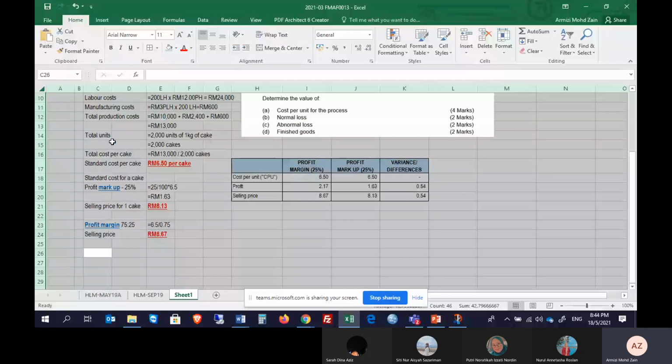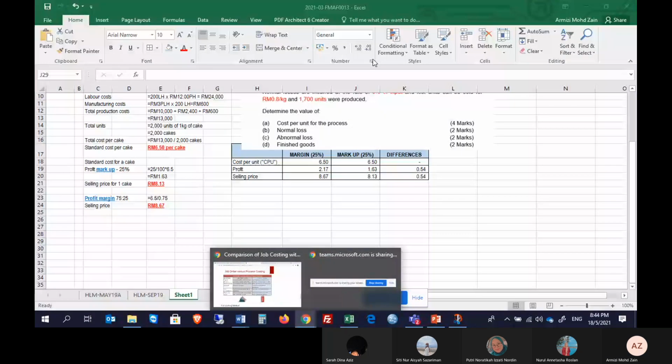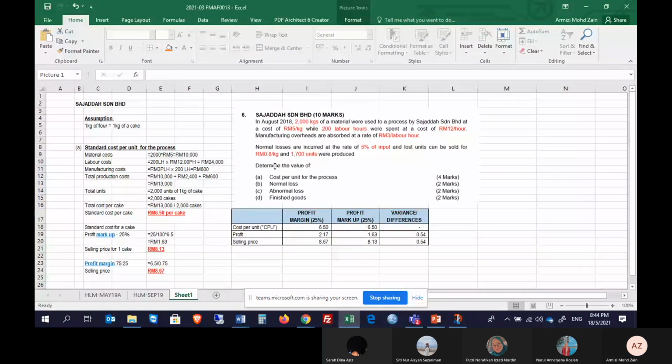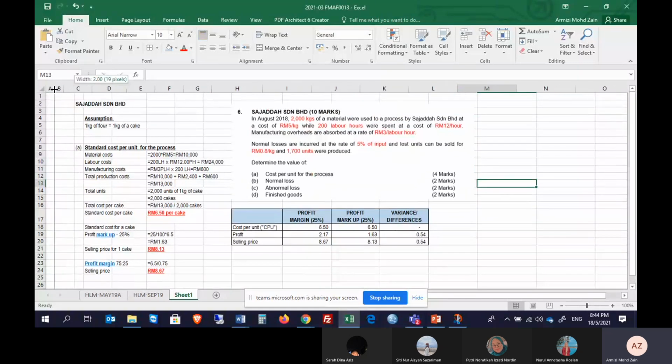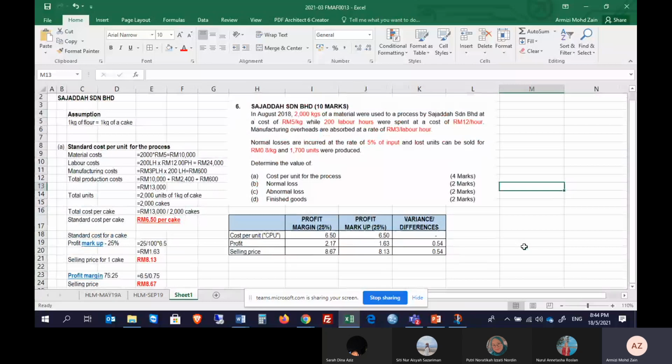Hopefully semua nampak. Ada WhatsApp saya ke? Kita tengok WhatsApp. So tak ada yang WhatsApp. Jadi kita letak atas sikit. Okey. Ini adalah standard harga dia. Hopefully semua nampak lah. Kalau tak nampak, you inform ya. Takut kecil sangat.